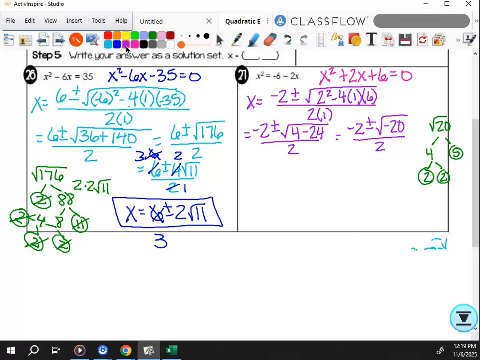Get 2 square root of 5. We agree with that? So that gives me negative 2 plus or minus, and that's going to be 2 what? I. Very good. 2i square root of 5 all over 2.